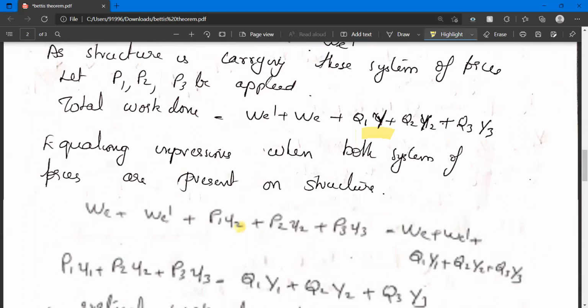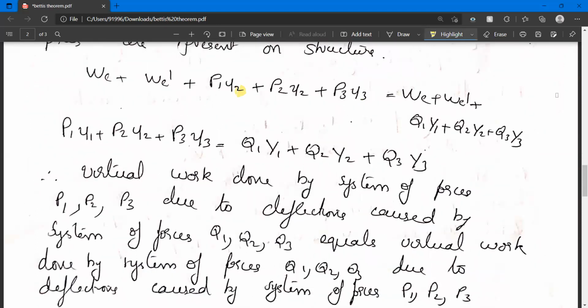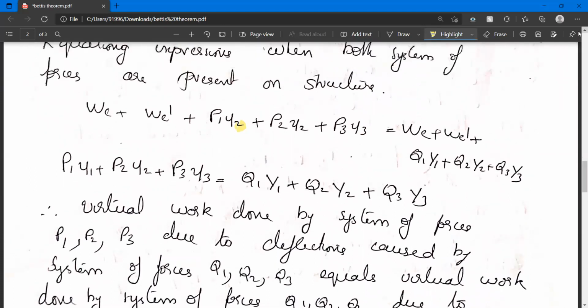Now let us equate the expressions. First we wrote an expression when loads P1, P2, P3 act, and after that Q1, Q2, Q3 act. Then we changed the order of loading, and wrote the expression when first Q1, Q2, Q3 is acting, and after that P1, P2, P3 is applied. Since the loadings are the same, the expressions that we get at last should be equal.